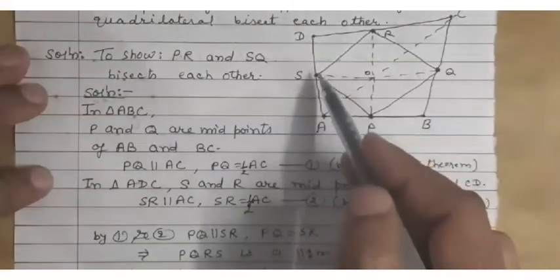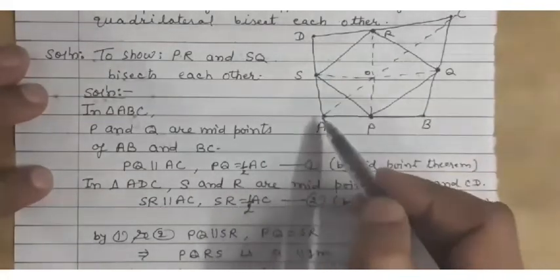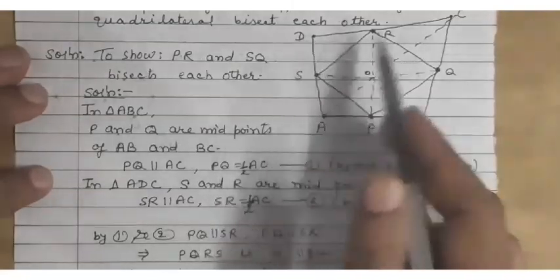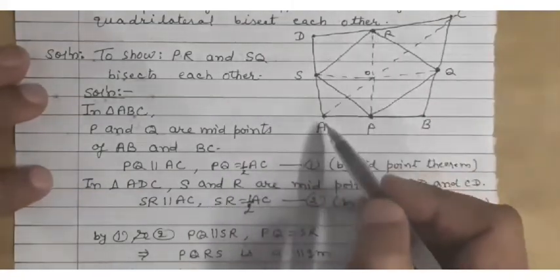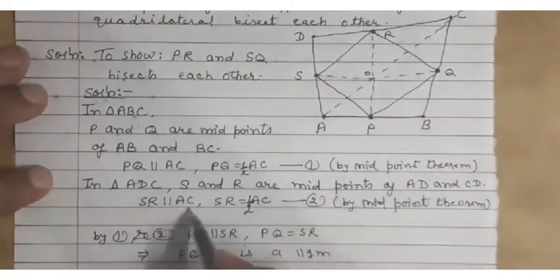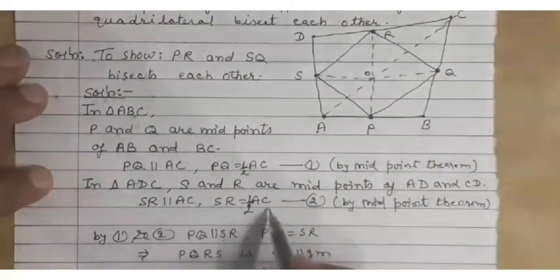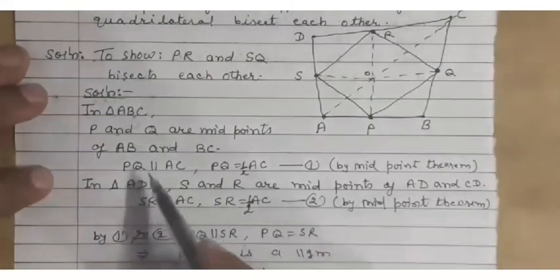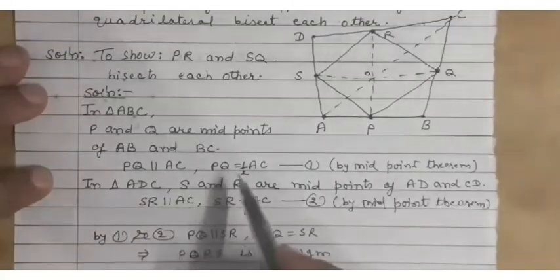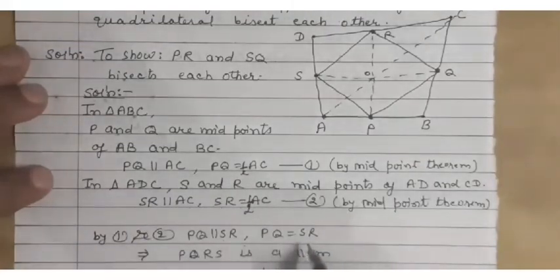Again you take triangle ADC. In ADC, S and R are the midpoints of AD and CD. Then SR will be parallel to AC, and SR is equal to half of AC by midpoint theorem. So by equations 1 and 2, what can we say? PQ is parallel to SR, and PQ is equal to SR also.